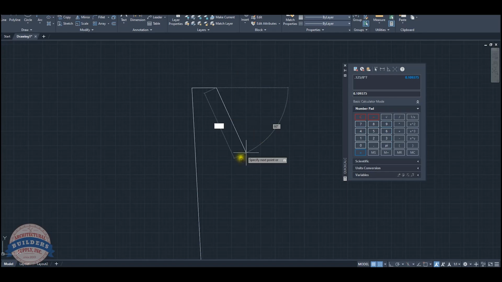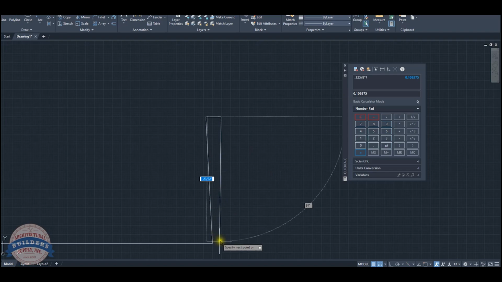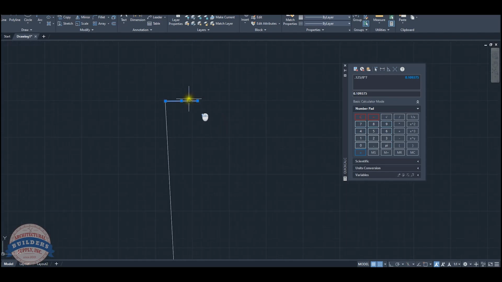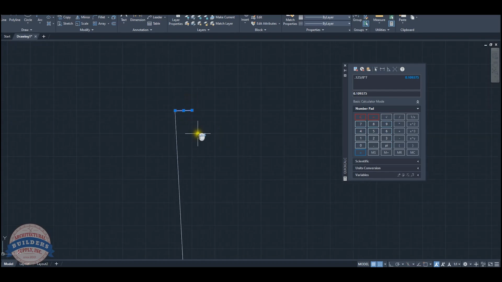So let's let that roll. 3/32. Wait a minute. Yeah, I got a little extra line here. 3/32. Yeah, okay.